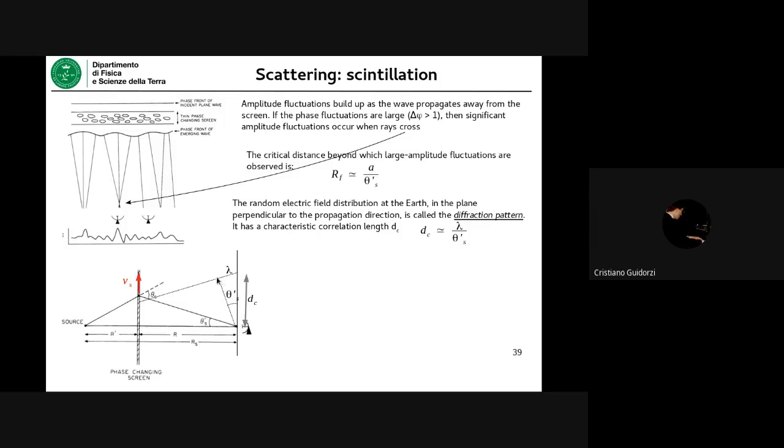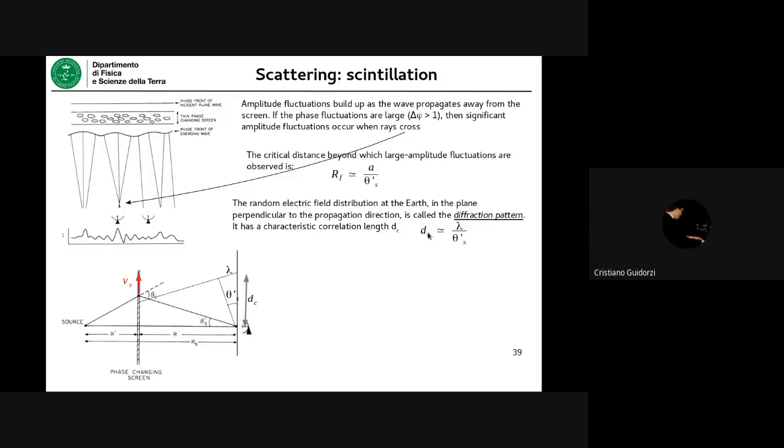So you will be expected to see no more correlation along this direction as soon as, corresponding to an angle here, theta s prime, you have a difference in the path traveled by the 2 waves of the order of lambda. So you've got the angle, and you immediately determine this quantity here. Lambda has to be equal to dc times the sine of this angle. But we are talking about small angles, so the sine of this angle is the angle itself in radians.